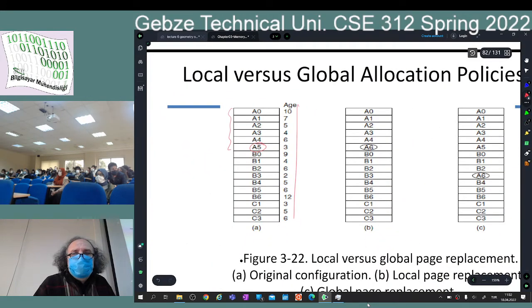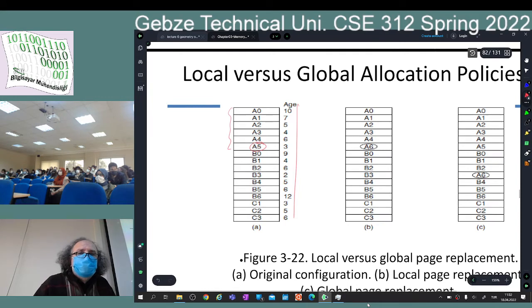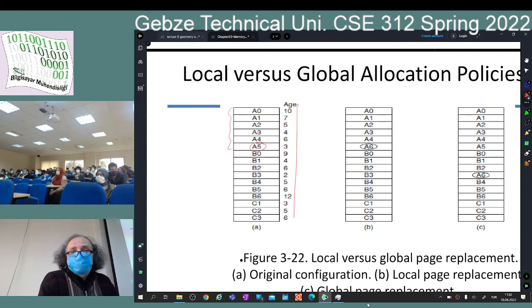If I do it globally, maybe I will choose one of the old pages of process B. Which one is a better solution? Global or local? And of course, as always, there are pluses and minuses for each solution. If I do it locally, the nice thing is that I know that definitely process A will keep using 6 pages, and process B will use 7 pages all the time.